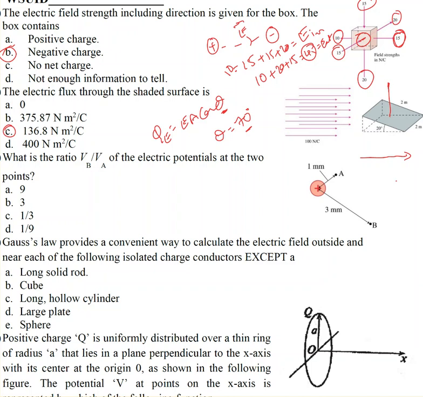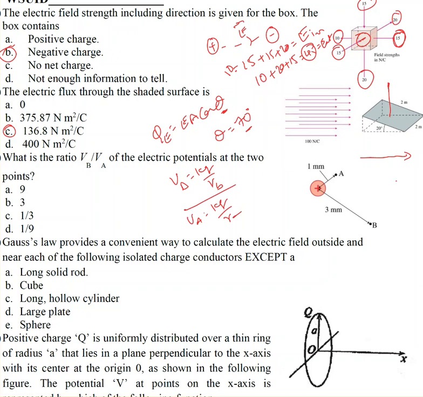Okay. Third question, what is the ratio of VB over VA of the electric potential at the 2 points? So remember, potential or V is a scalar quantity. So VB equals KQ over RB and VA equals KQ over RA.